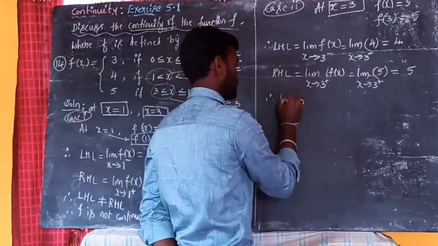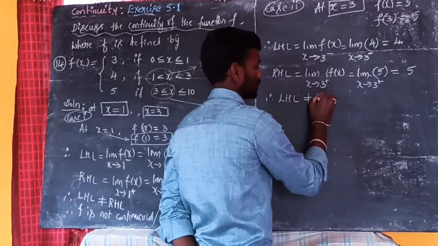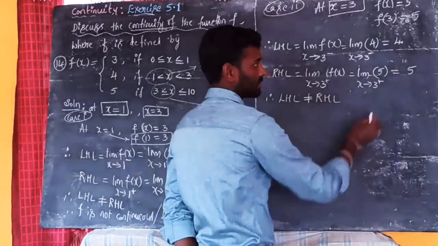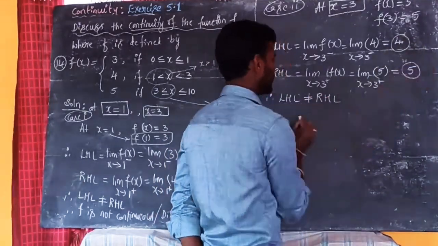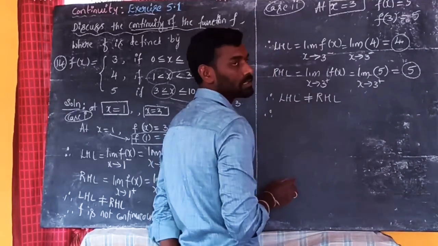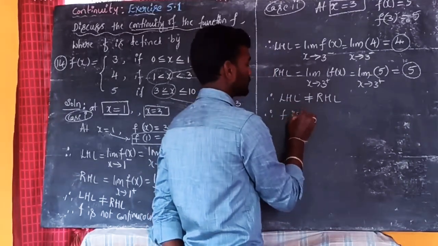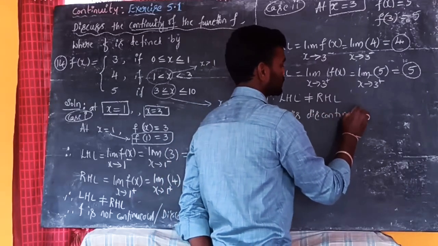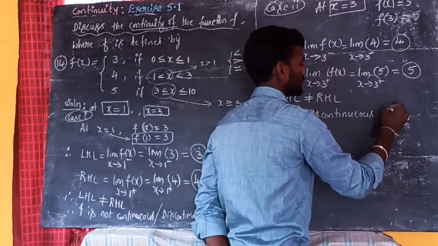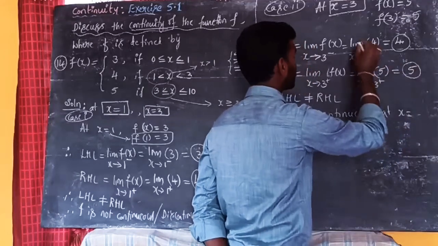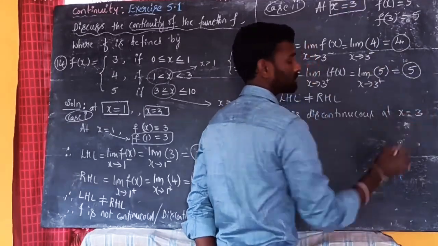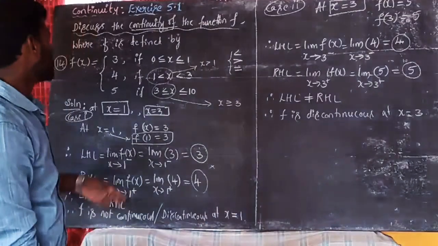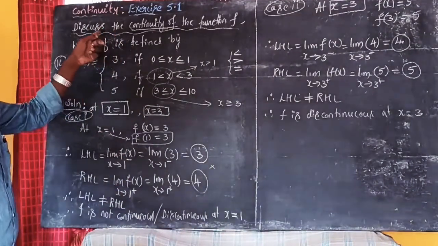Therefore here also observe, LHL is not equal to RHL. Here this is 4, this is 5. Therefore f is discontinuous at x is equal to this point 3. Here our question is what?